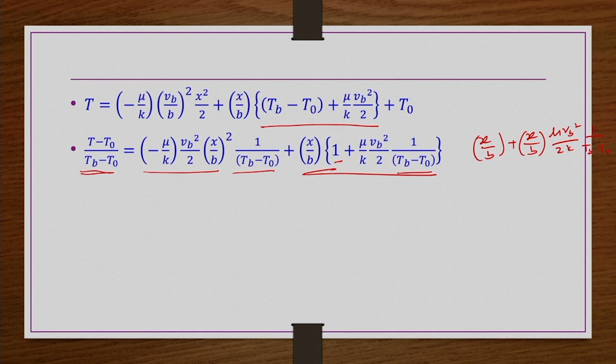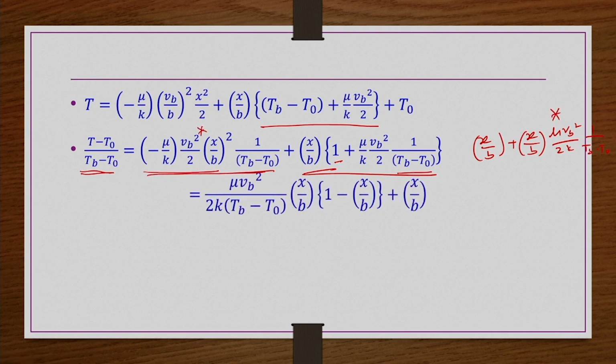From these two terms we take mu Vb square by 2k (Tb minus T naught) as common. x by b we are also taking common. So, this multiplied by 1 minus x by b. From this term, the same thing, if you take common x by b, another x by b would be remaining, and then this x by b is as it is.